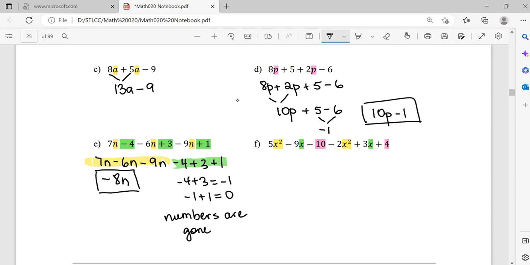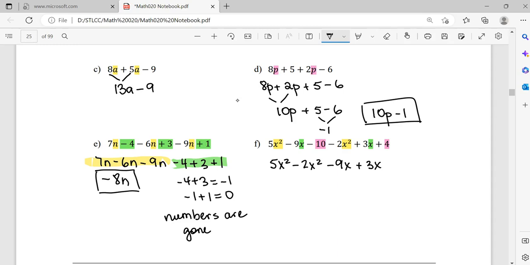So let's go ahead and rearrange them. I'm going to start with the squares. I have 5x squared minus 2x squared. So now they're together. In terms of x's, I have negative 9x plus 3x. Once you start rearranging the numbers, you always want to take the number or a term with the sign that is preceding it.